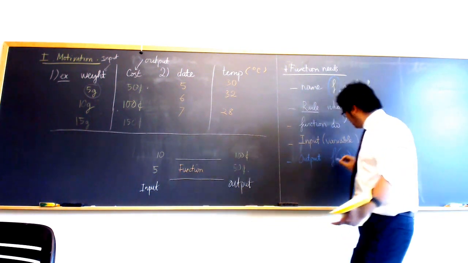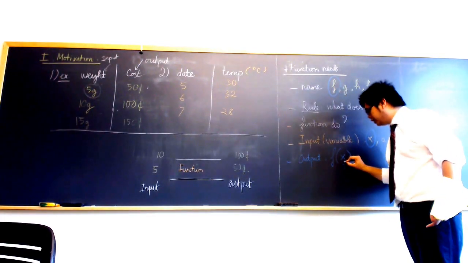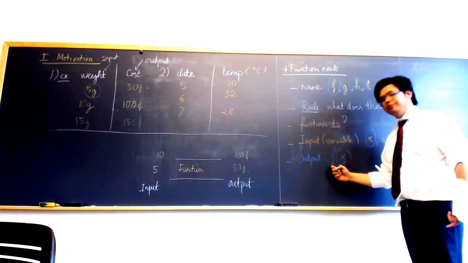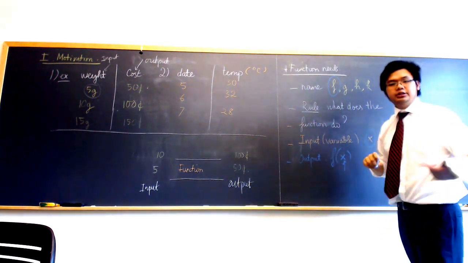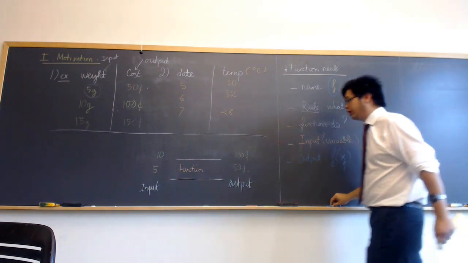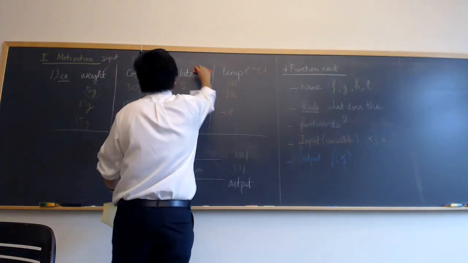What's in the parenthesis is whatever you consider to be the input, and f is the name of the function. Of course, we're going to look back at the rule and see what the function does.